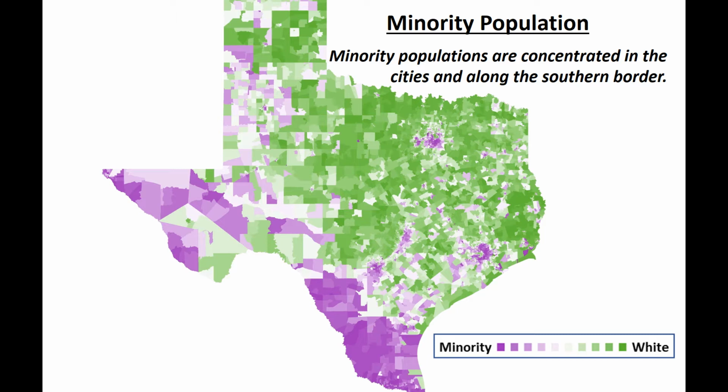As we can see, minority populations tend to be concentrated in the cities and along the southern border. Despite what we may think, we're still pretty segregated. If you live in a bright green or purple area, you probably live around a lot of folks who look just like you. Now let's take a moment and look at the detailed racial makeup of Texas.